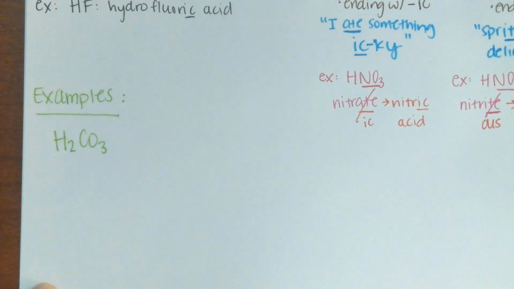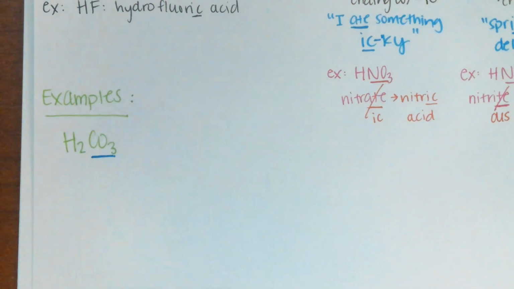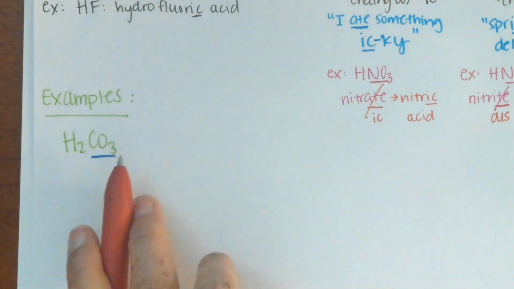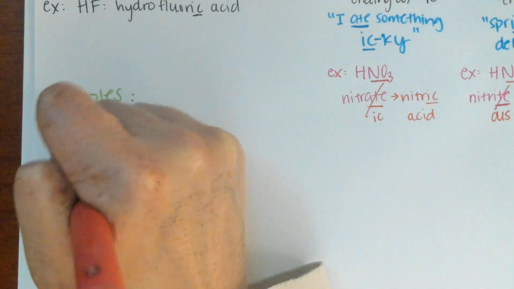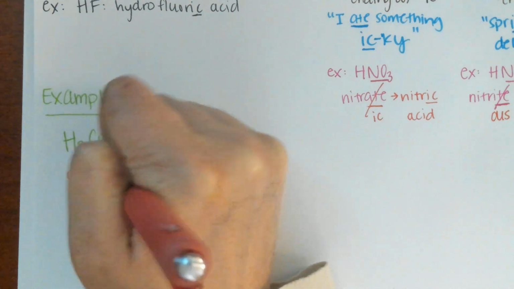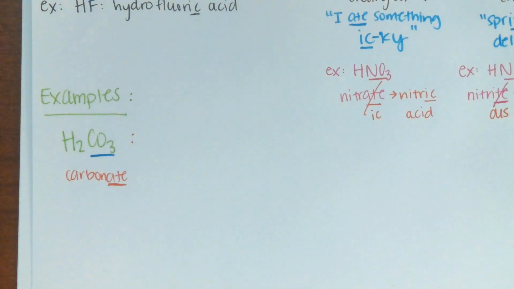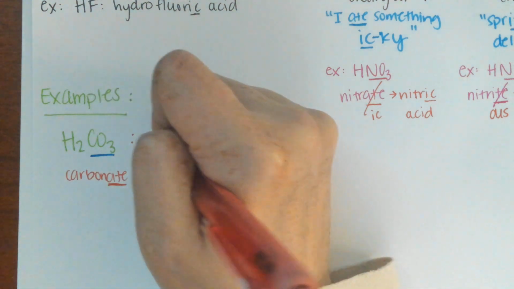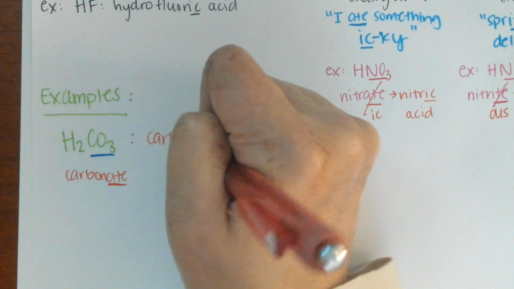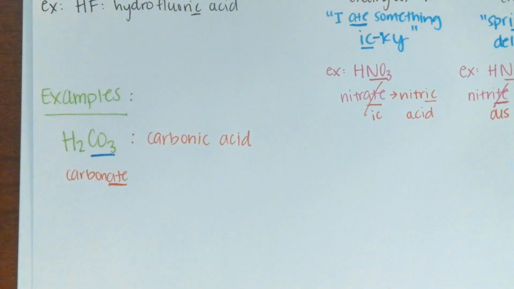Since you know it's from the special list, it means no hydro. So I'm going to identify, okay, I know CO3 is carbonate, and carbonate ate something icky, so I'm going to just change this ending to ick. Carbonic, and then throw in that acid there. Carbonic acid.